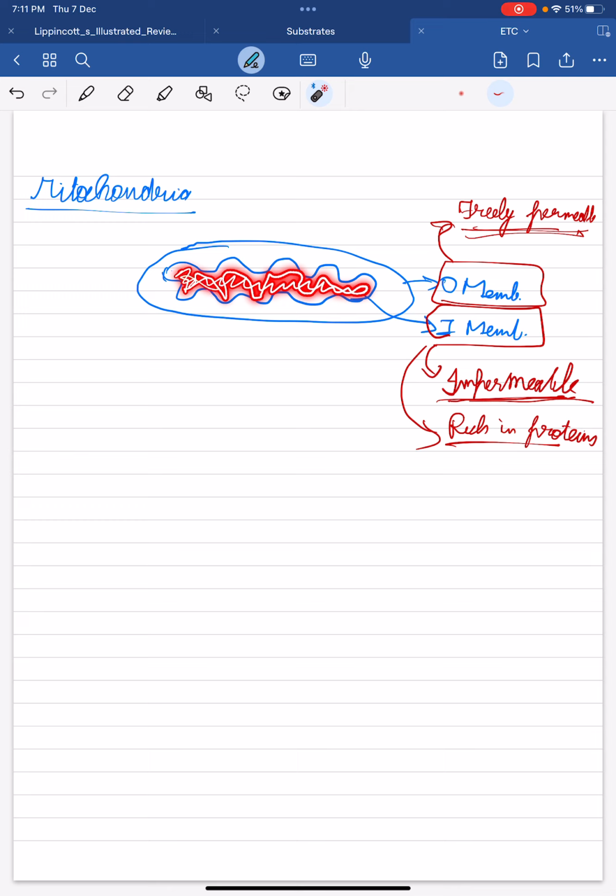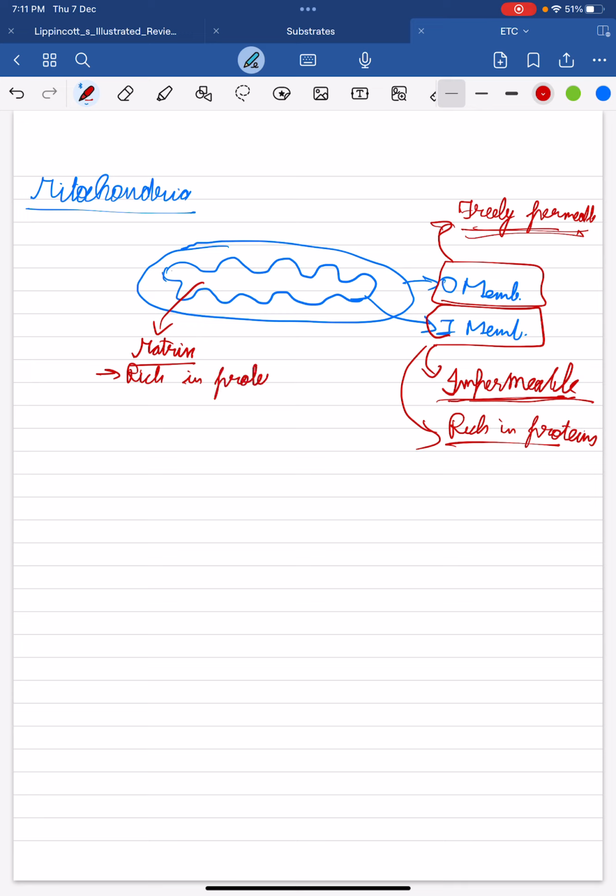So here the gel-like substance which is present is known as matrix. This matrix is also rich in proteins.